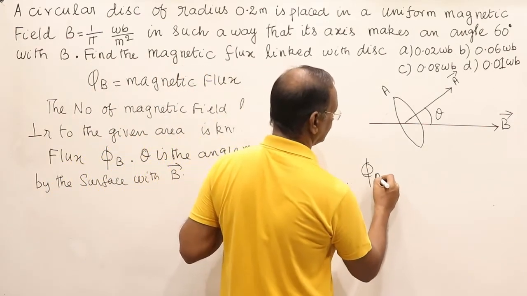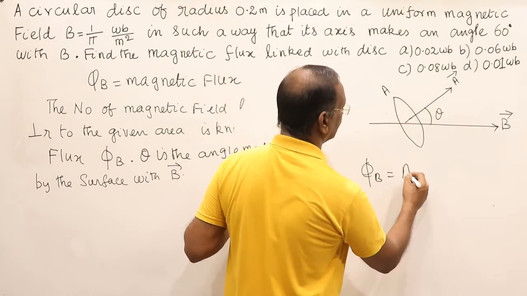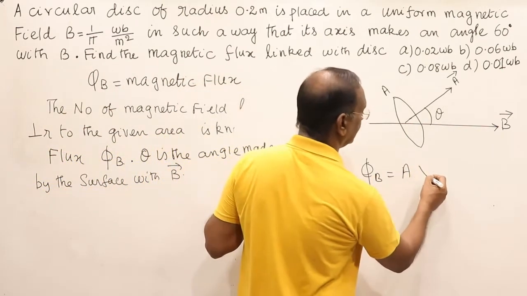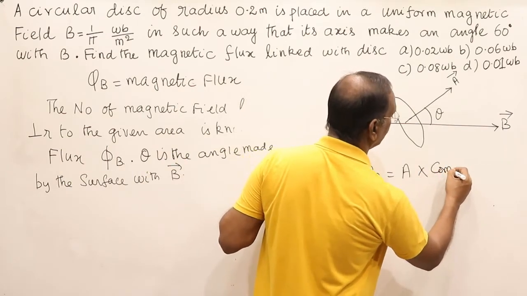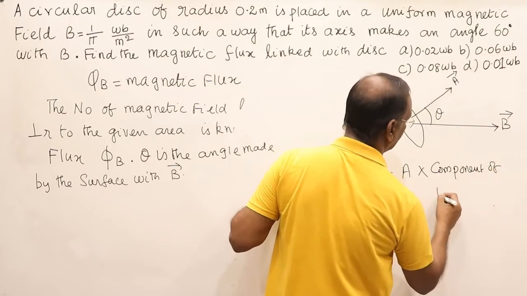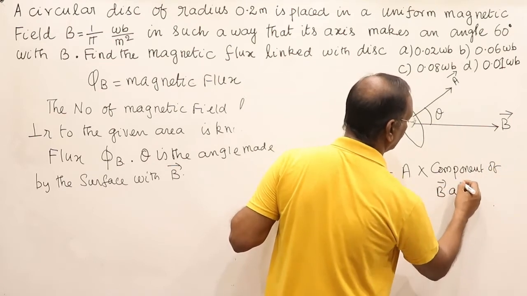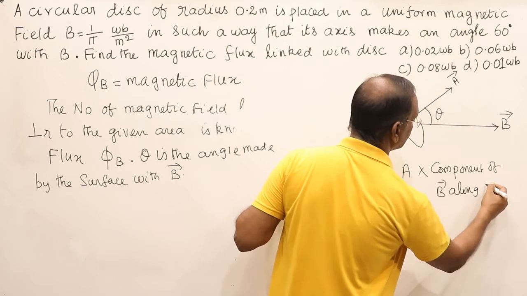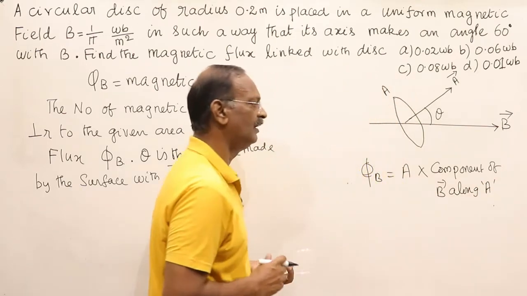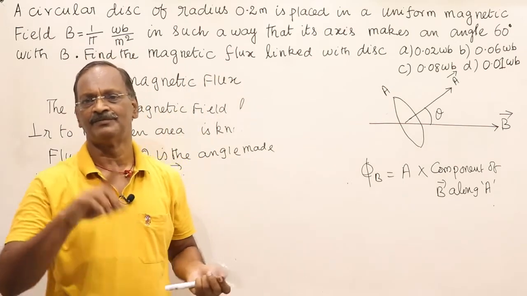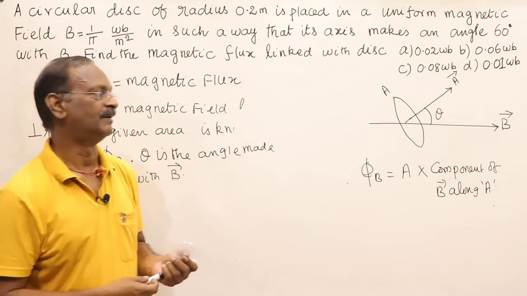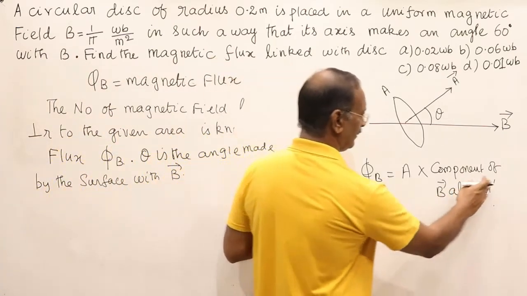Magnetic flux is equal to area into, not the area vector, the component of magnetic field along the A vector. That is, the component of B along the normal.